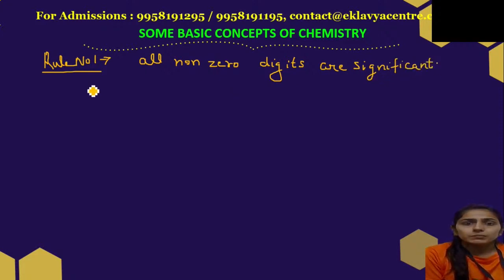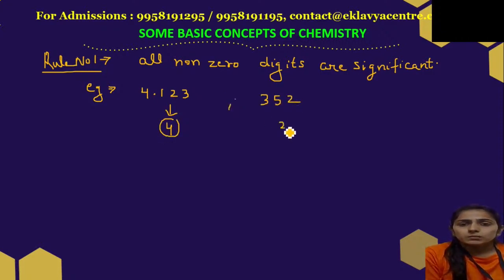For example, I have 4.123. So it has 4 non-zero digits. So the number of significant figures is 4. Suppose I have 352. There are 3 non-zero digits, so the number of significant figures is 3.